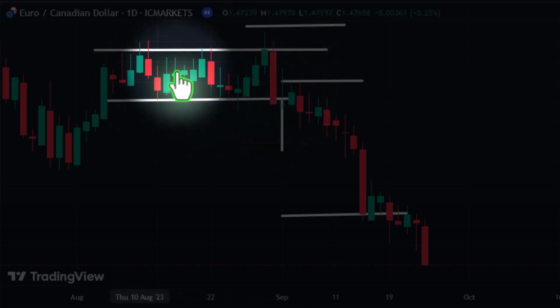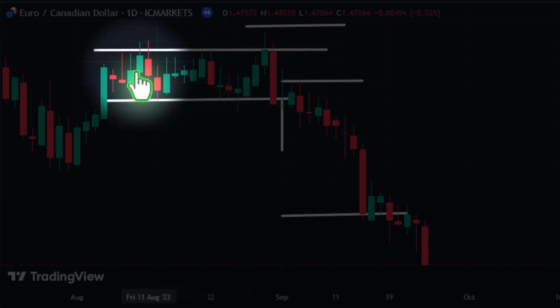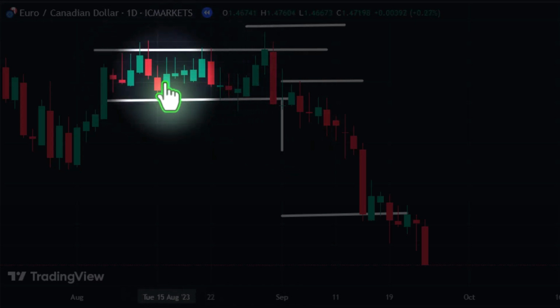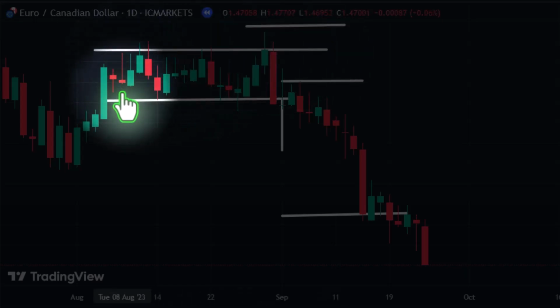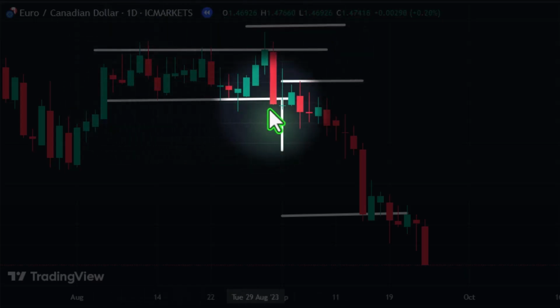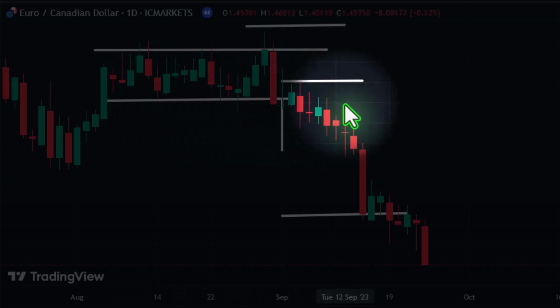So you don't need to overtrade within this range. If you are trading the range, don't overtrade it. Don't assume that the resistance is going to hold forever, and don't assume that the support is also going to hold forever. So don't overtrade.